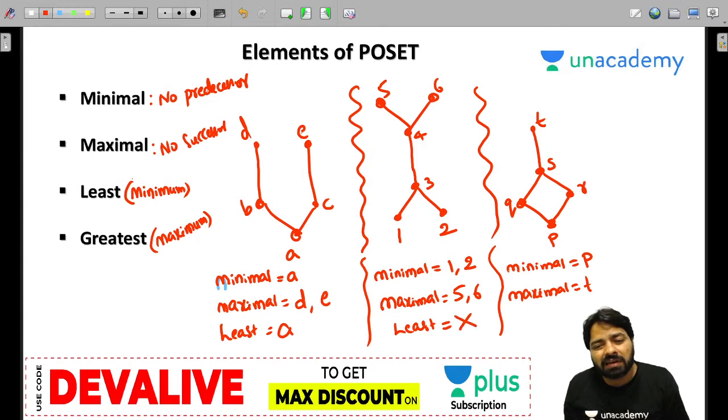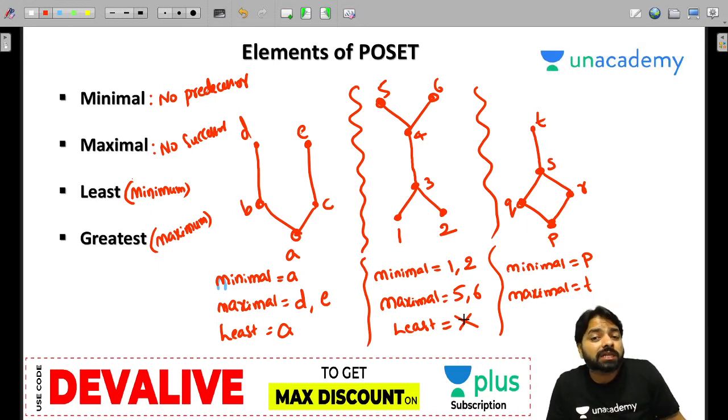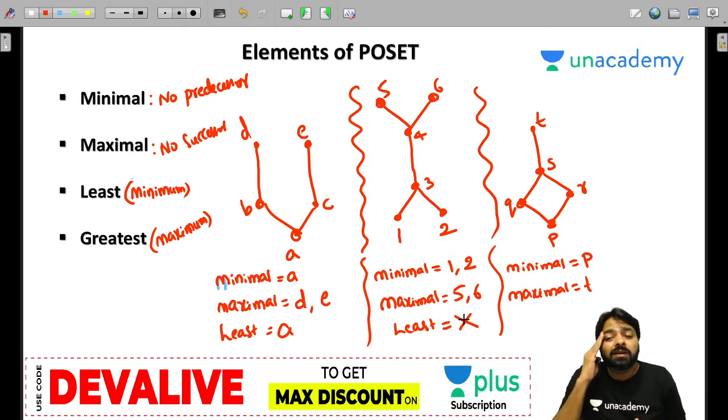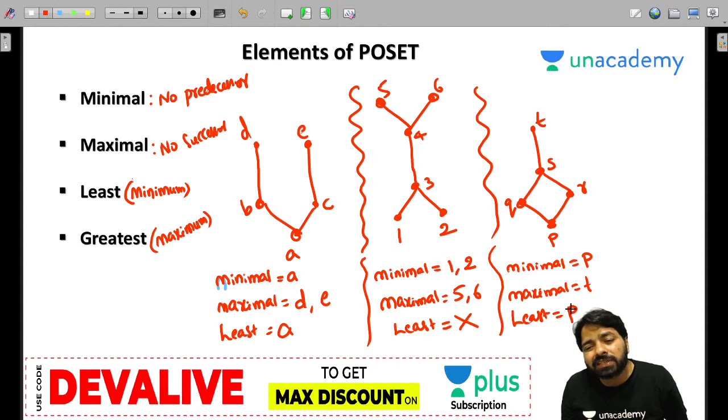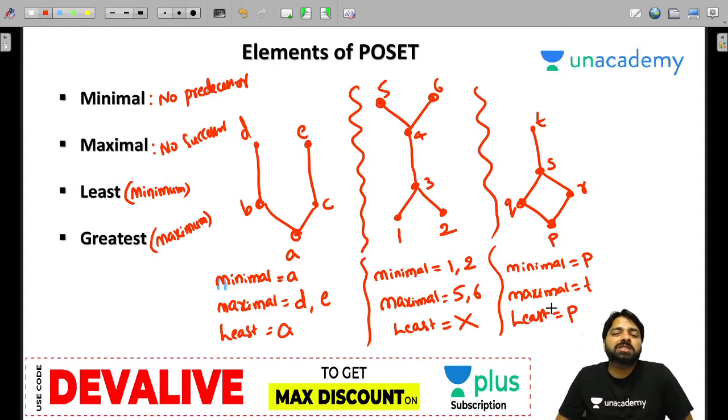Not exist. Because if you say 1, then 1 cannot be least because 1 has no relation with 2. And 2 you can't say because 2 has no relation with 1. Right? And if you look at the last one, least is P because P has the relation with everybody and P is the predecessor to every element of the diagram.